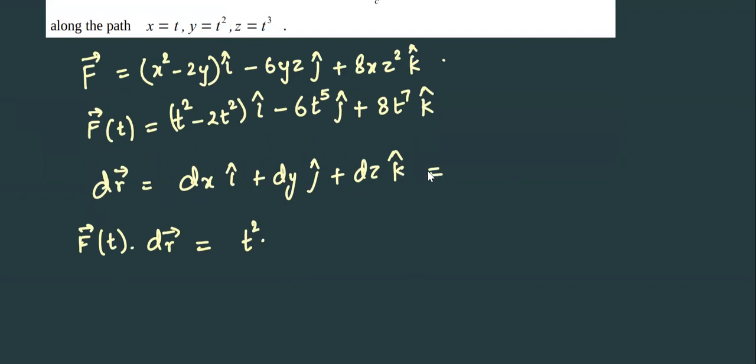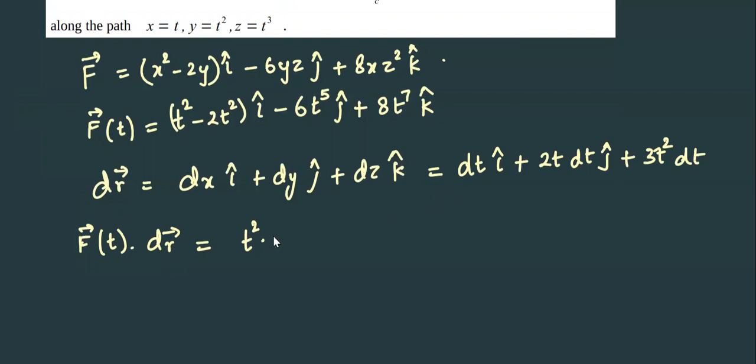Acha, dr will convert. dx is dt, plus dy is 2t dt, plus dz is 3t square dt.